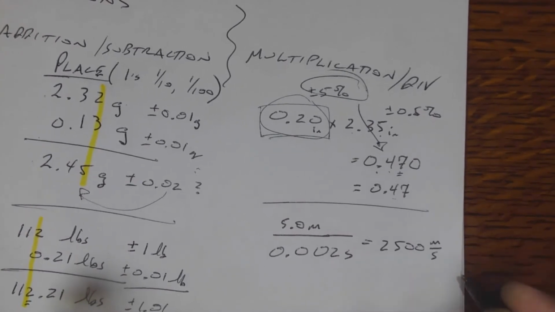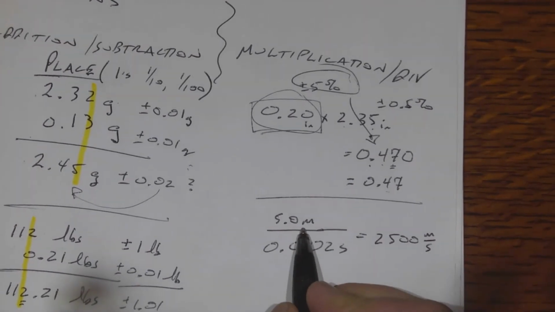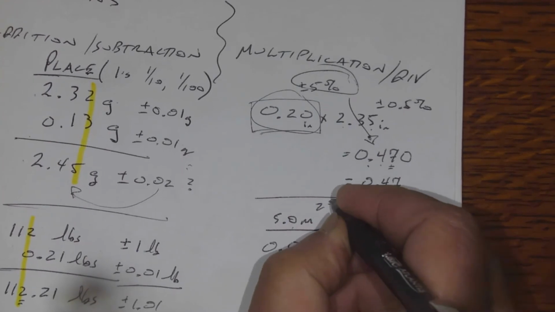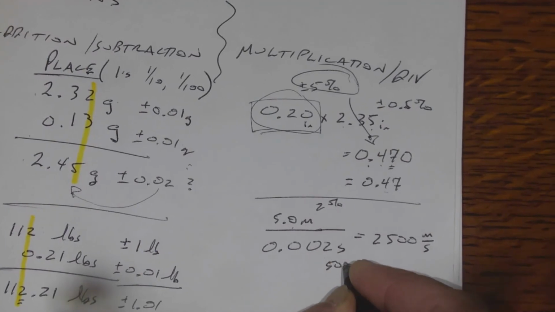meters per second. Alright, so here, this uncertainty of plus or minus a tenth of a meter would represent how much? Tenth of a meter, 1 in 50 would be about a 2% uncertainty there. This one, if we said plus or minus 0.001 seconds, that would be a 50% error here, or 50% uncertainty.